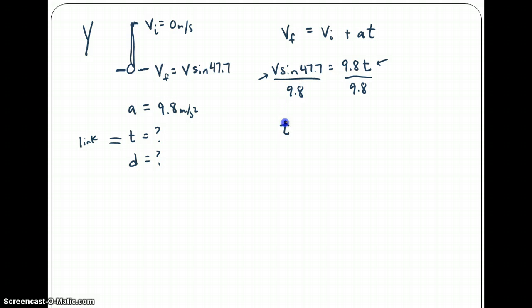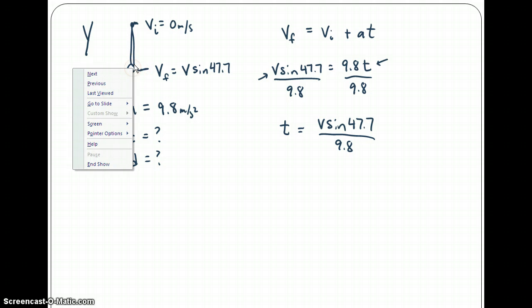Now T comes out equal to V sine 47.7 divided by 9.8. Okay, so that's what my T is. But remember, this was the time to get from the peak to the bottom. I need to double this.